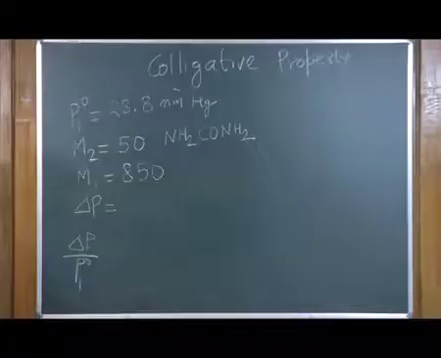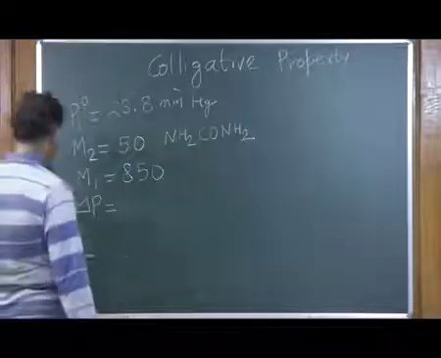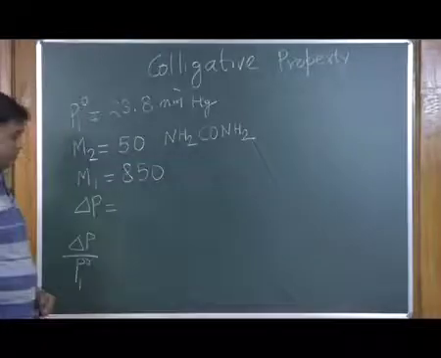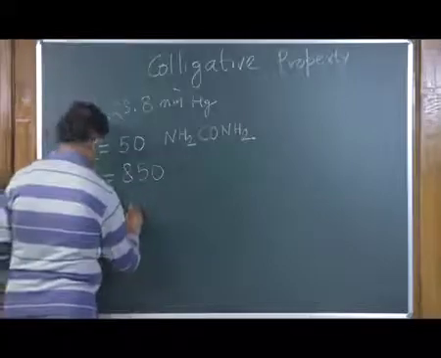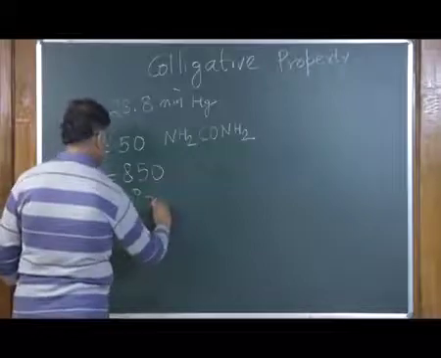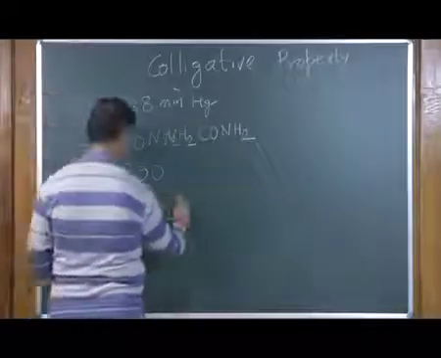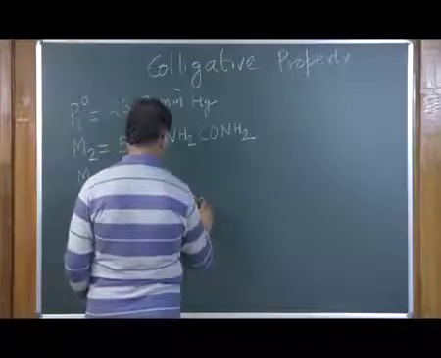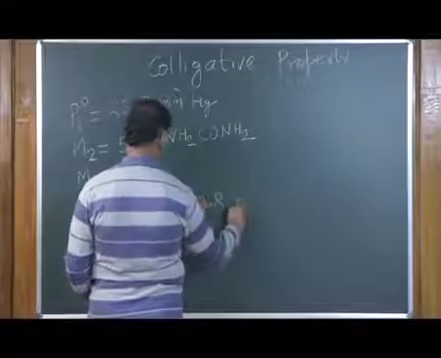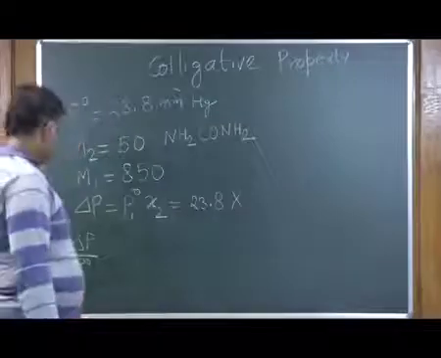So, we are going to use the formula which we have discussed. Delta P is going to be P1 naught x2. Okay. So, P1 naught is given, so that is 23.8 into x2, mole fraction for solute.